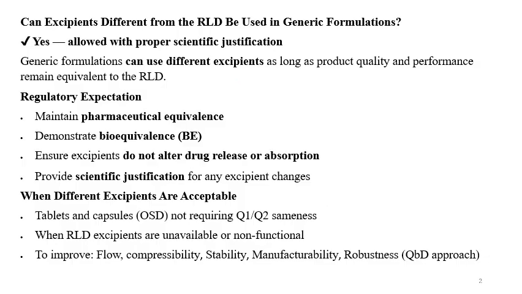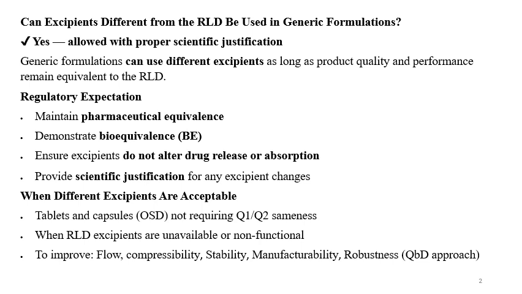So, can excipients different from the RLD be used in the generic formulations? Yes, the excipients can be different from the RLD, and these are allowed with proper scientific justifications. Generic formulations can use different excipients as long as the product quality and performance remain equivalent to the RLD.